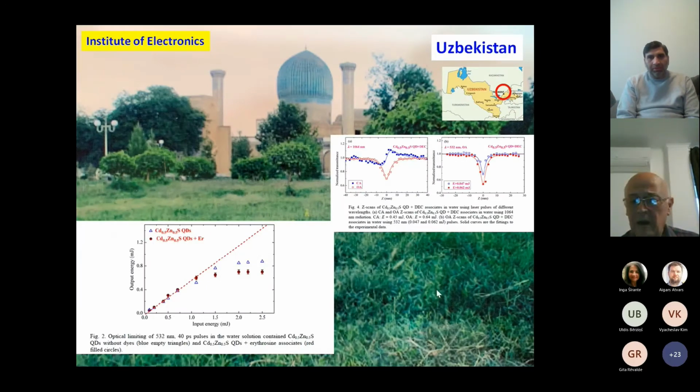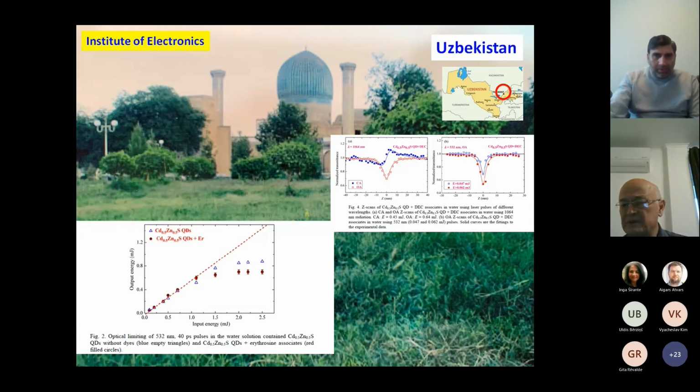Other interesting features, returning to the low-order nonlinear optical properties, are applications of quantum dots. Quantum dots are very small particles, between 2 and 4 nanometers, where quantum confinement and local field enhancement are very strong and demonstrate very interesting features, like enhancement of many nonlinear optical properties.